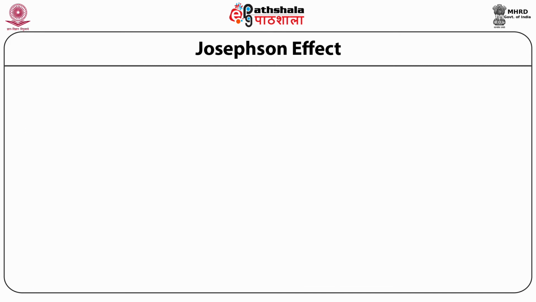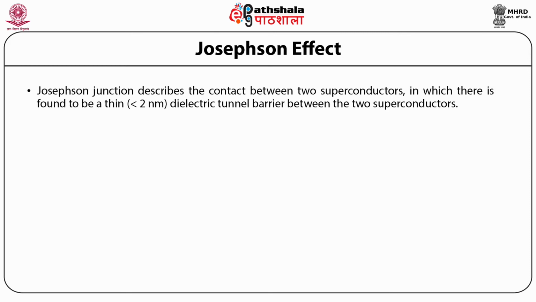We will next discuss another term related to the Josephson effect. A Josephson junction describes the contact between two superconductors in which there is a thin, less than 2 nanometer, dielectric tunnel barrier between the two superconductors.